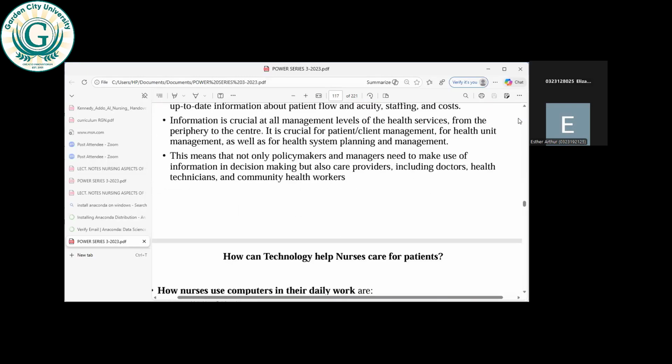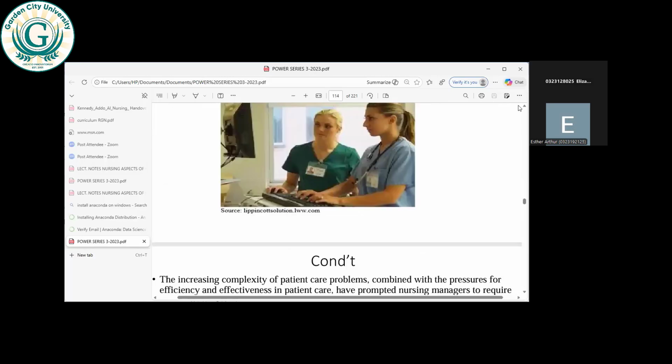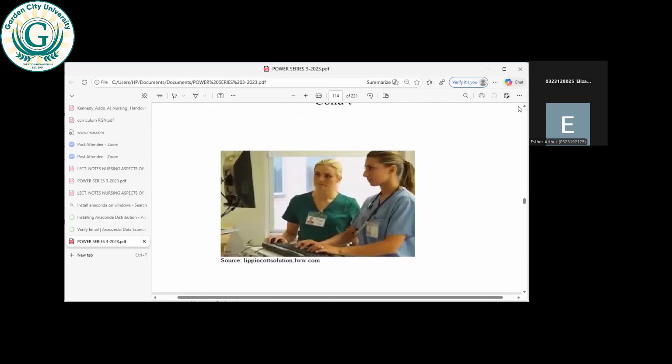So let me show you this one. Have you seen this one? So the standard stationary terminal, just as you see here, like I said, is laying on top of the patient bed with some keyboard function that support documentation. They have done this because of our space, okay?